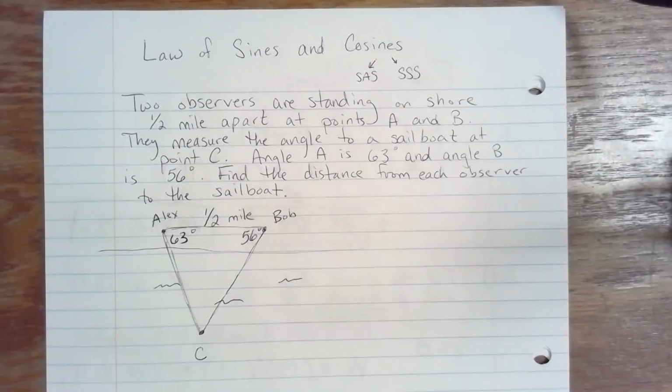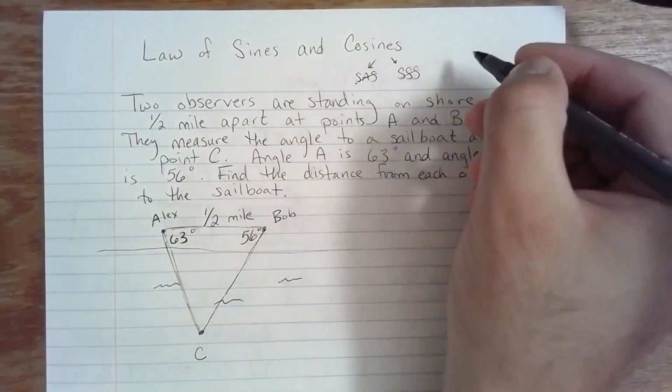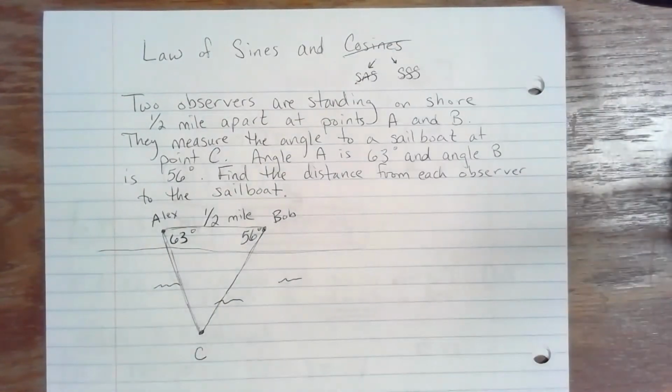So at a bare minimum, to use law of cosines, I must have 2 side lengths to work with. But they're asking us to find 2 side lengths, and they've only given us the 1. That means neither of these is going to work, which means law of cosines is completely out of the picture, at least for the moment.